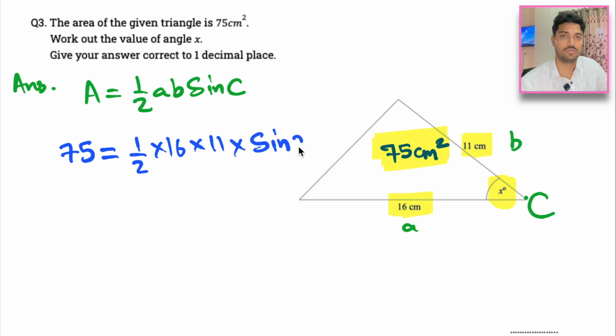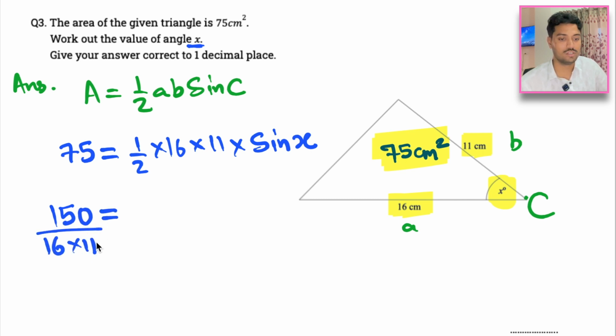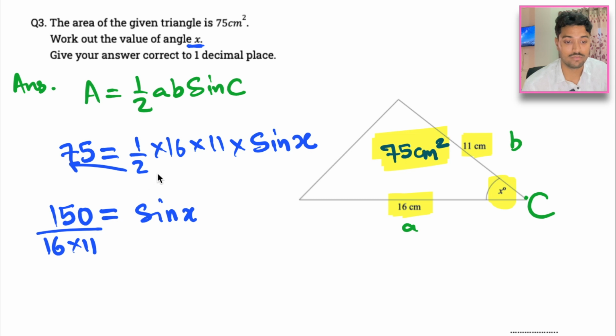So we'll write x because we have to work out the value of x here. Now this will be 150 divided by 16 into 11, which equals sine x. I just transpose this to the other side, so 75 into 2, that's 150, divided by 16 multiplied by 11.